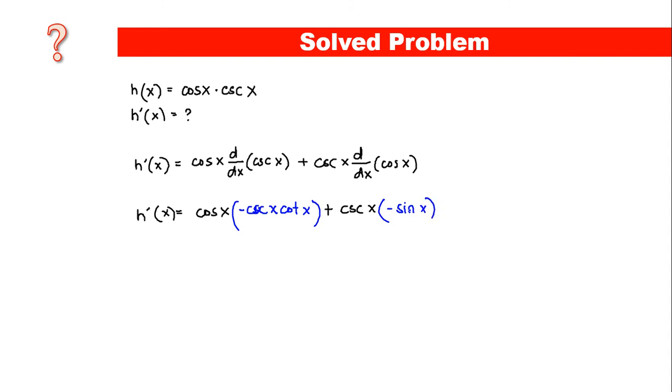Ang cosecant ng x ay actually equal yan sa 1 over sine. Right? So, ang cotangent naman ay cosine over sine.